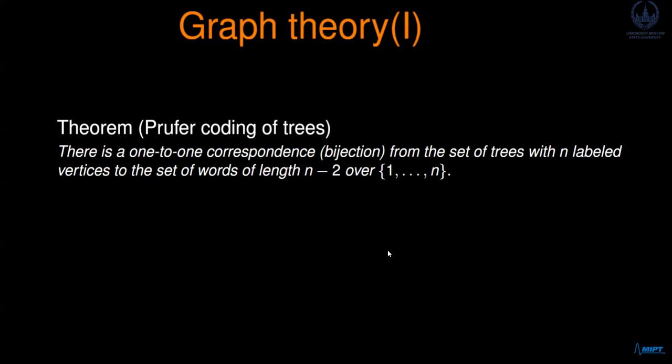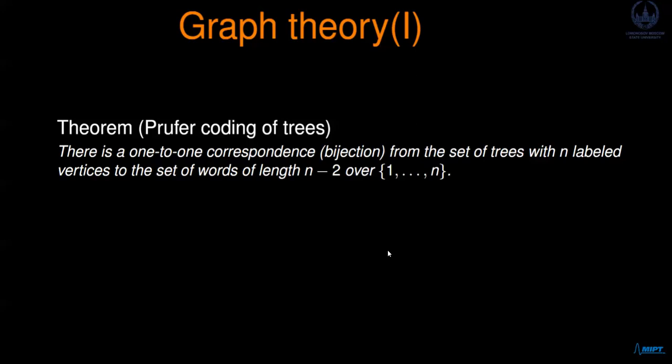For a tree with n vertices, the corresponding Prüfer code will be a word of length n minus 2 using the labels 1, 2, till n. This is a bijection, meaning that each tree corresponds to exactly one unique word and each word corresponds to one unique tree. This is a powerful result because it gives us a way to encode trees as simple sequences, making certain types of analysis or enumeration easier.